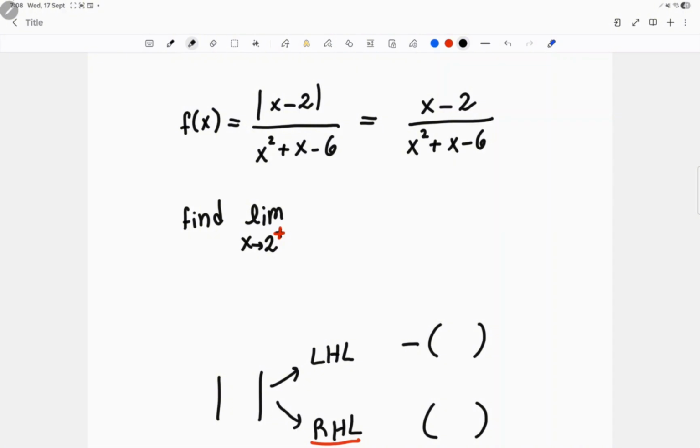Let me just tell you something. Here's x, let's just say -2. Now, if I say left hand limit, that means you put a minus sign.